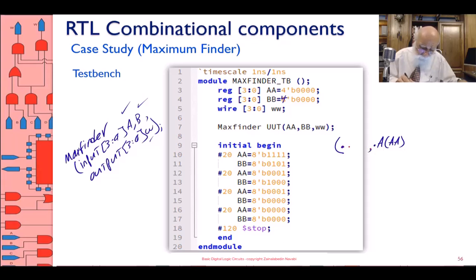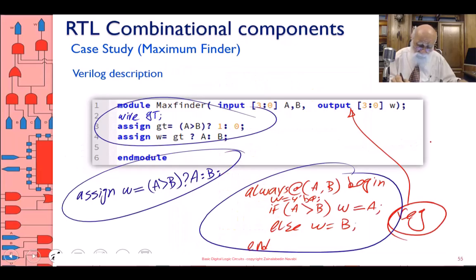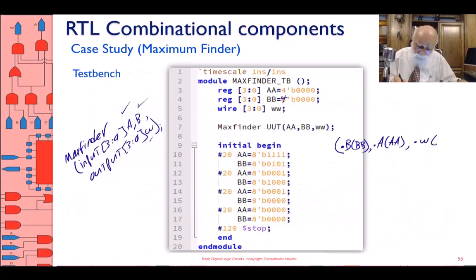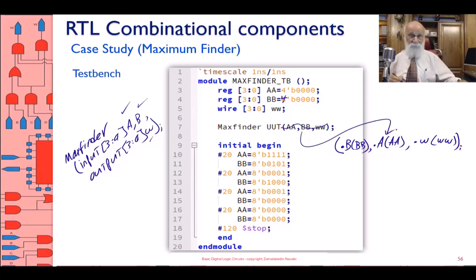And then I don't have to order them. B of the component connects to the BB signal. And W of the component, lowercase w, connects to WW. Okay, so instead of this, I could do this.